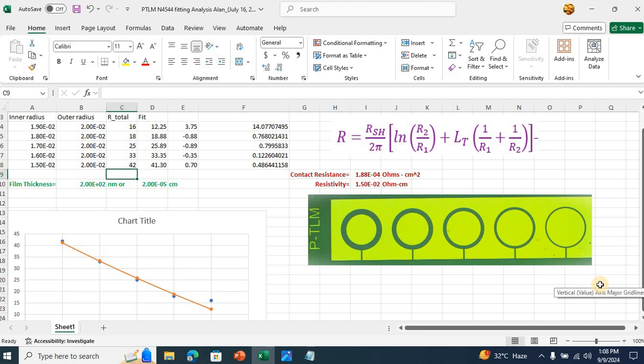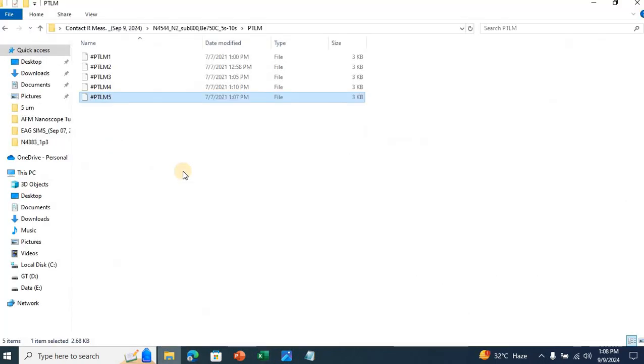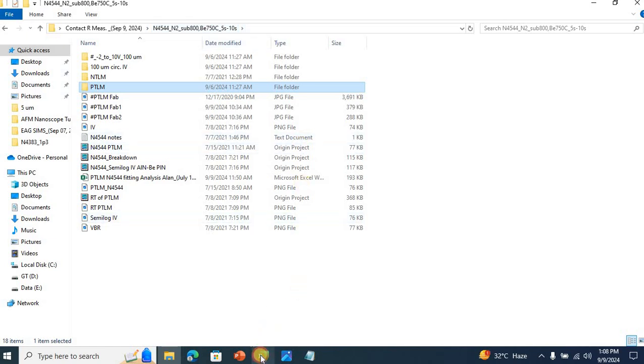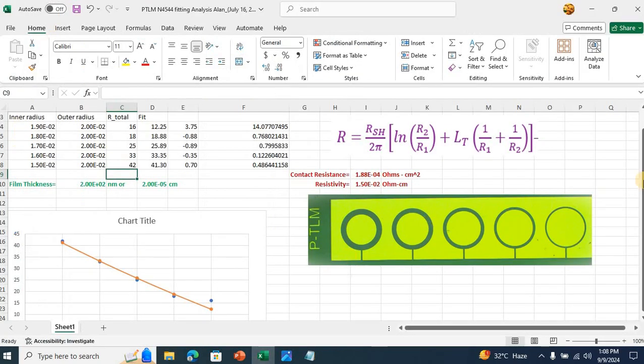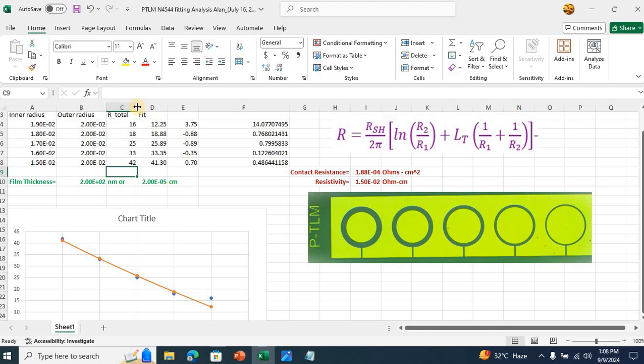Okay, so similarly you measure the resistances for the rest of the three contacts as well. I've already got files for the rest of the three contacts as well. And so these are the measured resistances. How do you find the fit resistances?